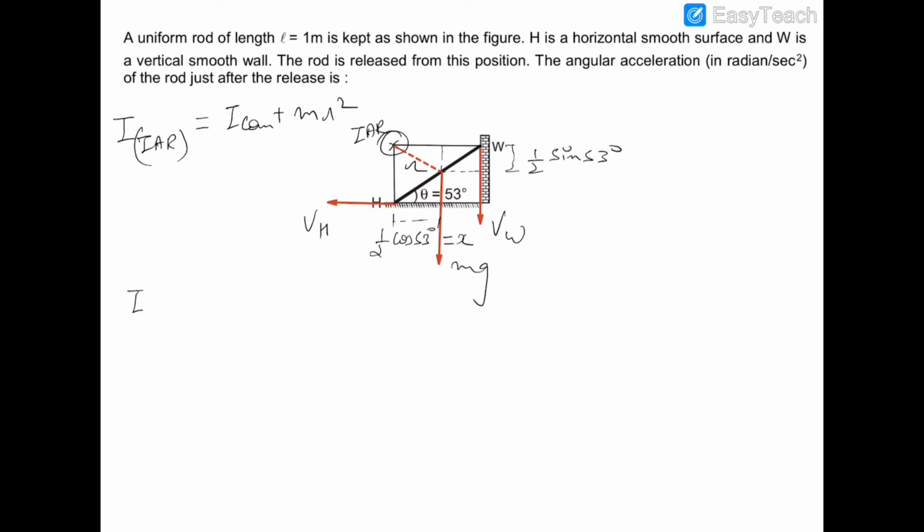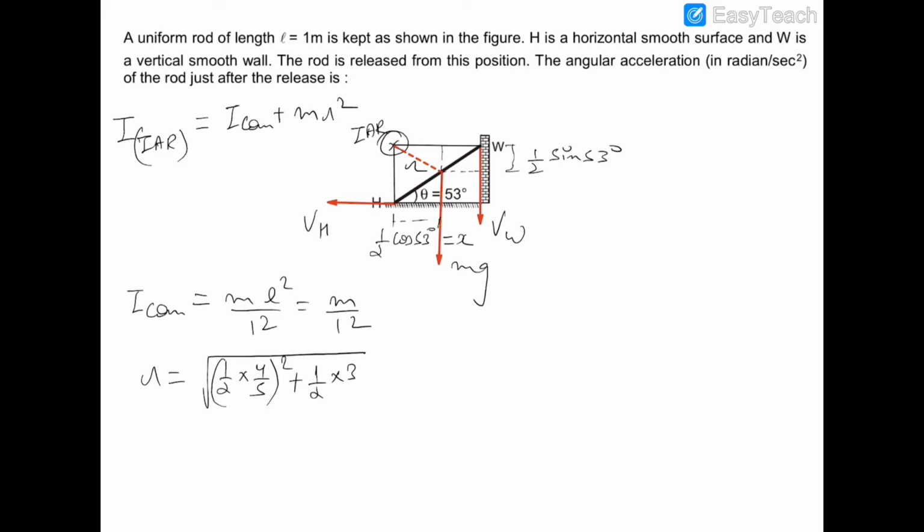Now ICOM of the rod about its center of mass would be m L square by 12, where L is equal to 1. So this is m by 12, and the value of r is under root of (1 by 2 sin 53, which is 4 by 5) whole square, plus (1 by 2 cos 53, which is 3 by 5) whole square.